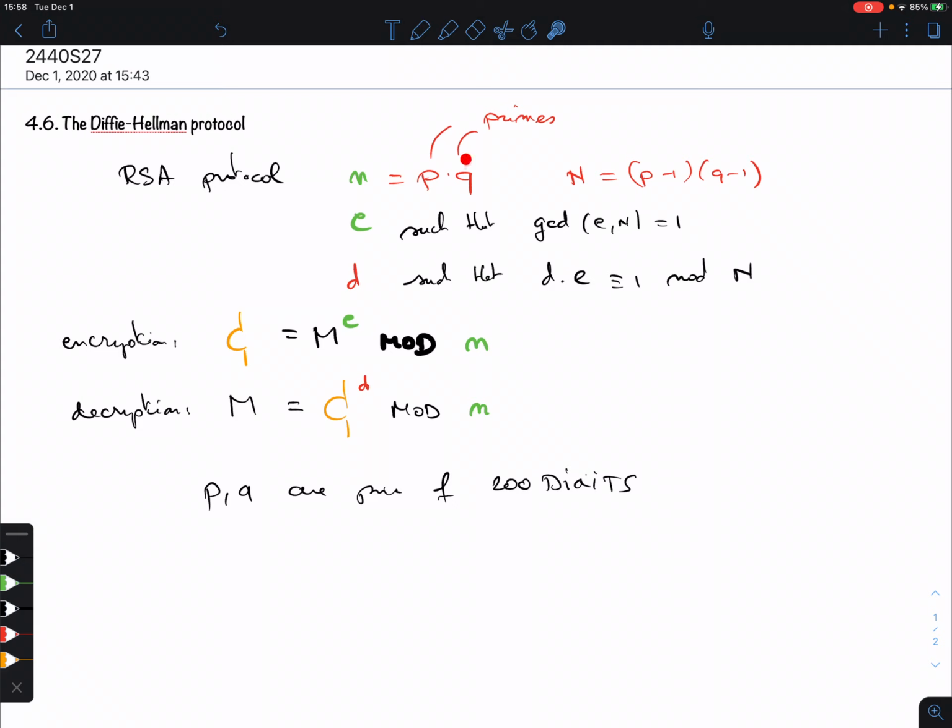So it has to find two primes of about 200 digits. What it does is take random numbers of 200 digits and check whether they are prime. Now, in the chapter on Fermat's little theorem, we discussed primality testing, and we noticed that it is not yet polynomial.